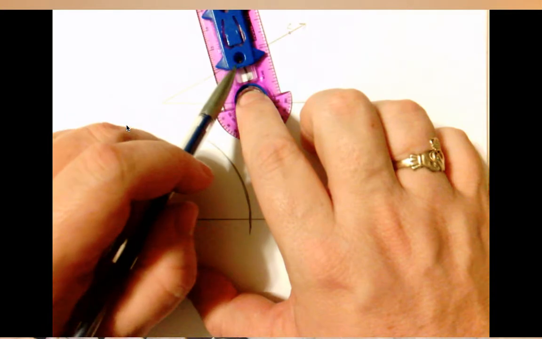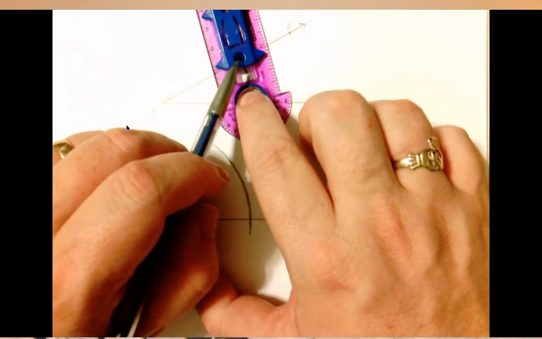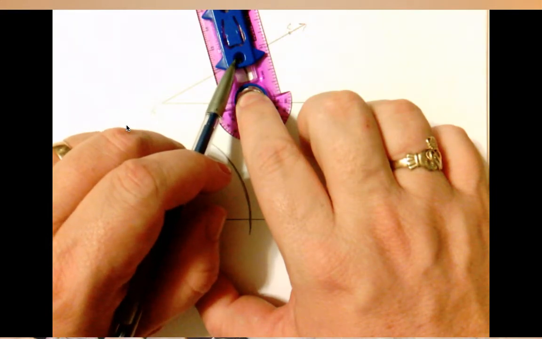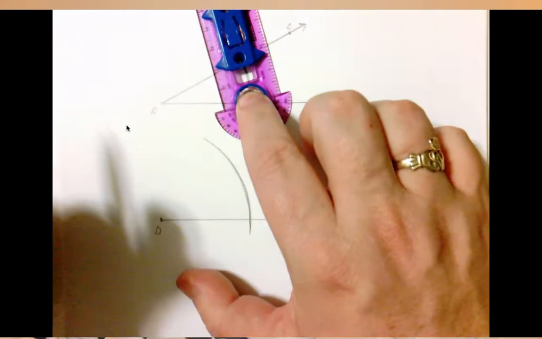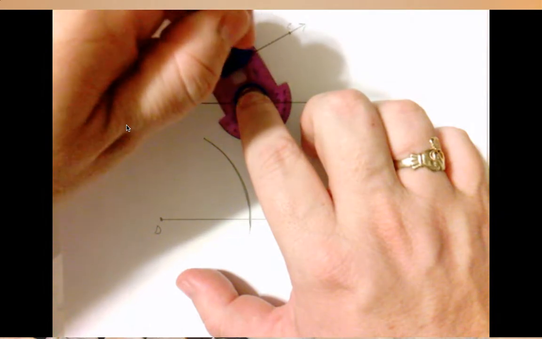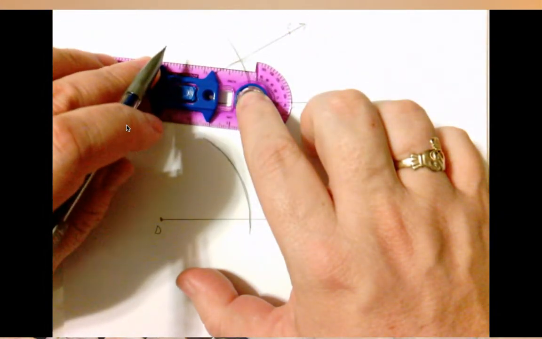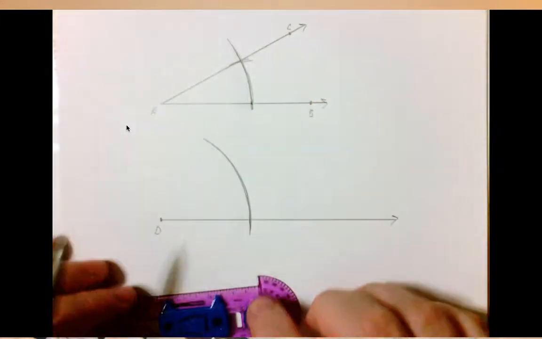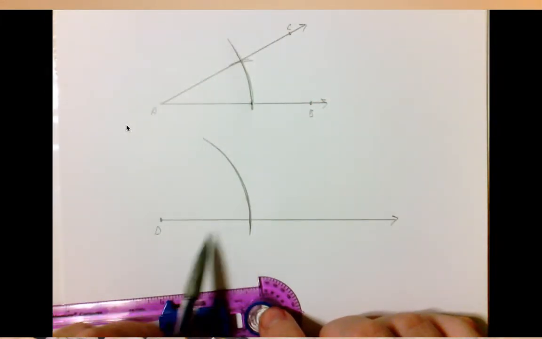So I don't know if you guys can see this in the camera, but I can see right in this hole where the arc is intersecting the side. And I need that length.